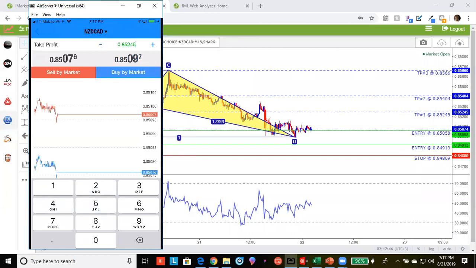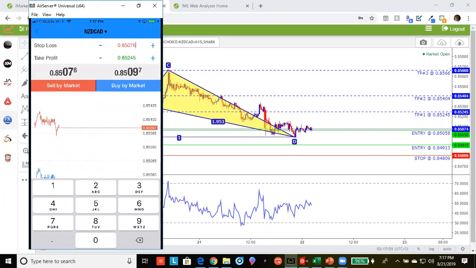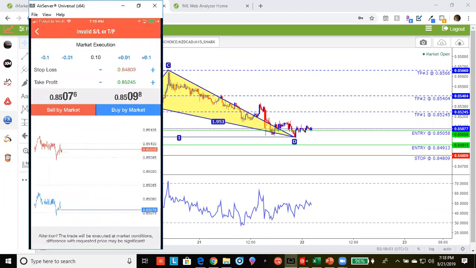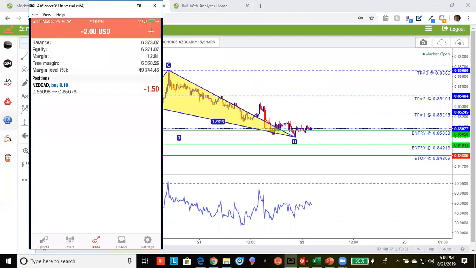And this is a buy. Our stop loss is going to be 0.84809. Oops, there we go. All right, and so we've entered that trade.